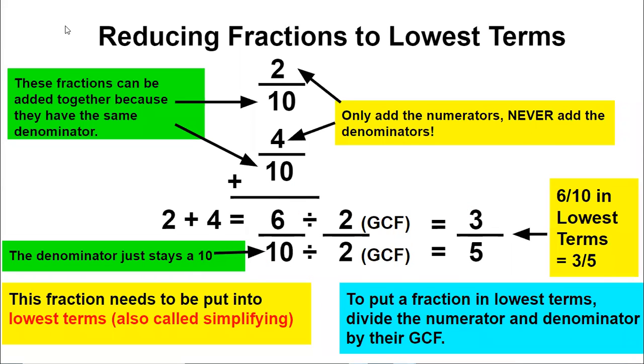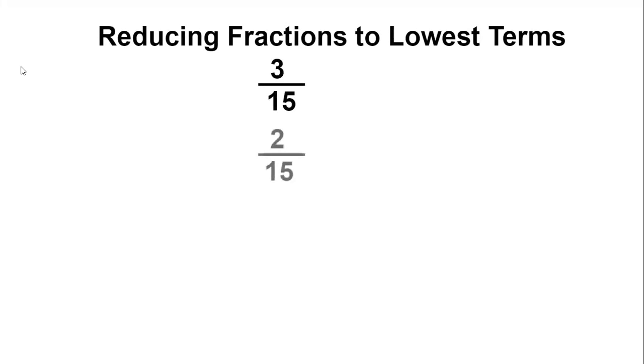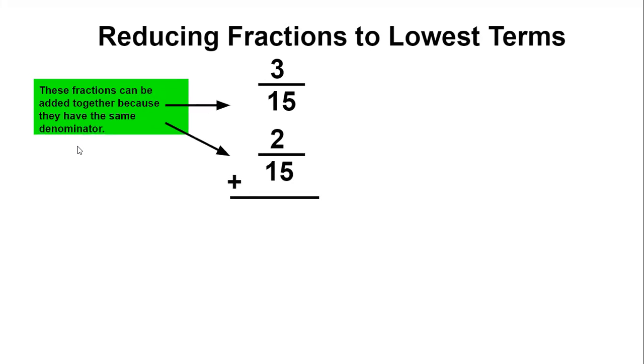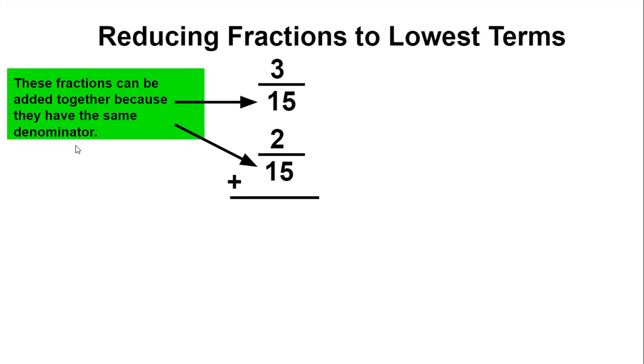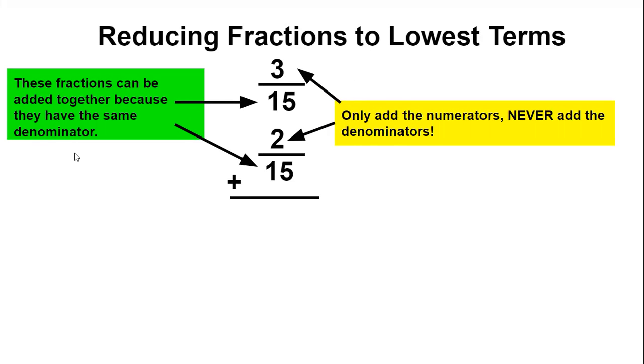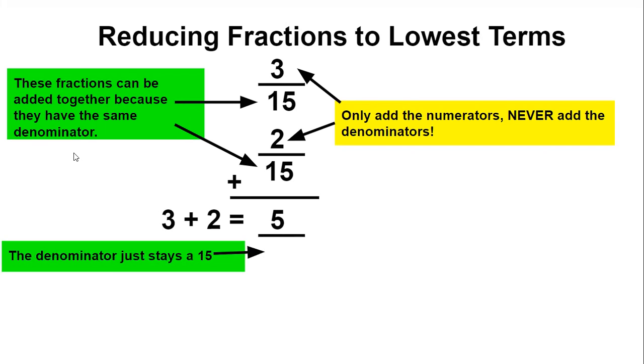Let's do another one. 3/15 plus 2/15. Check the bottom numbers. Are the denominators the same? Yes, so we can just add them. We add the numerators, the 3 and the 2. 3 plus 2 equals 5, and the bottom number stays, you guessed it, 15.